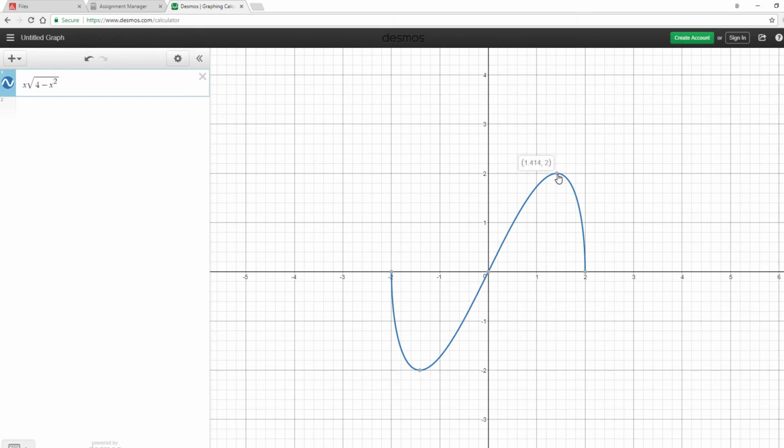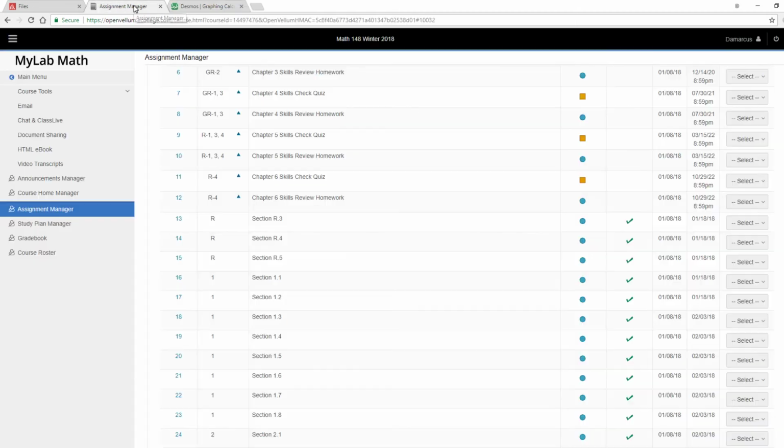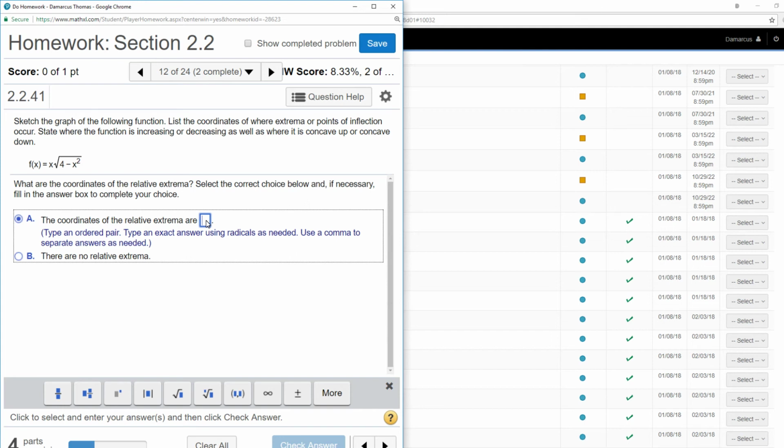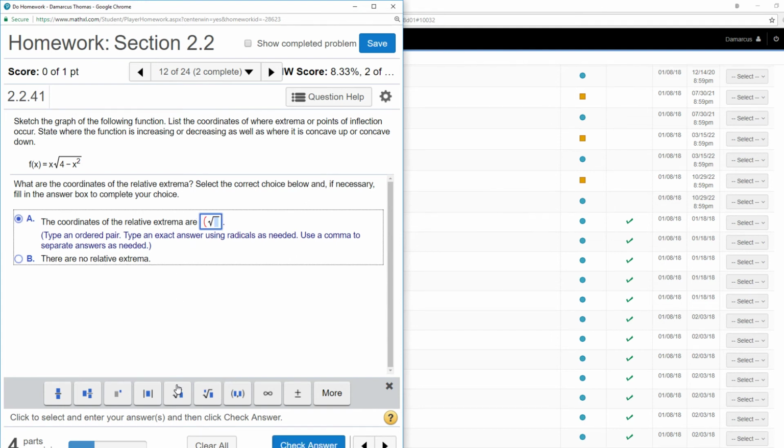And again, 1.41, that's √2 and 2. I'll put in the negative one first. And then we have √2, comma, +2.